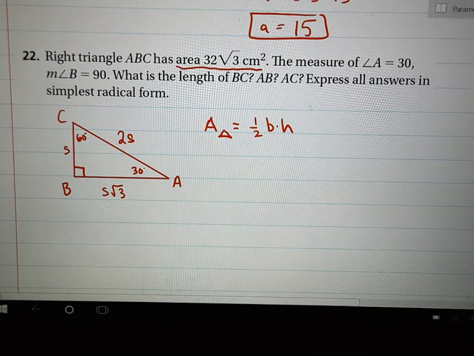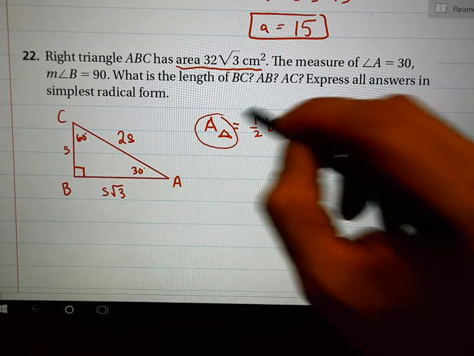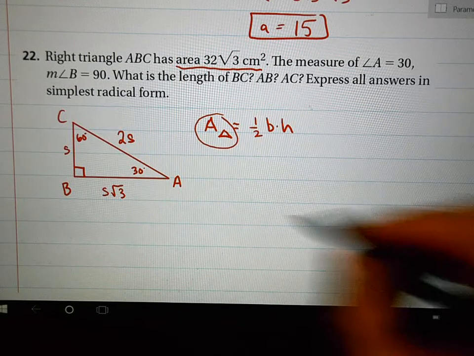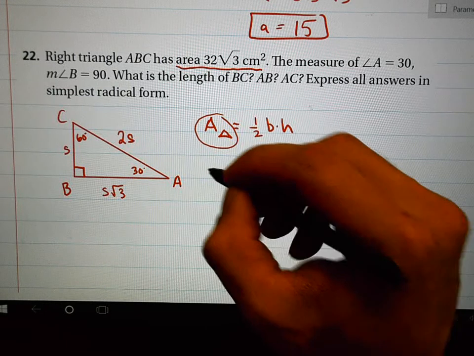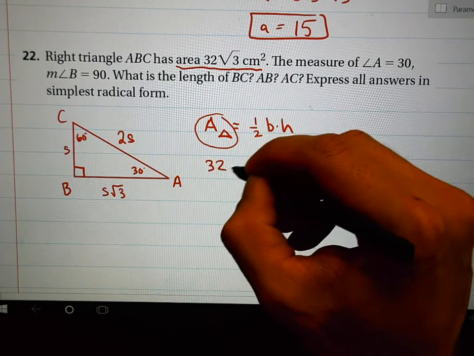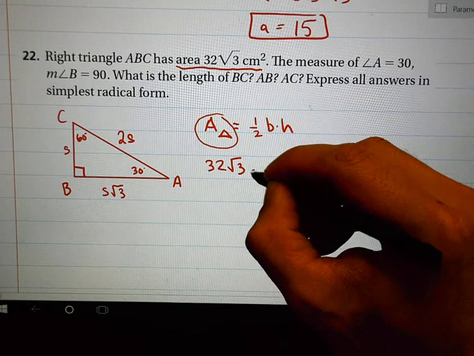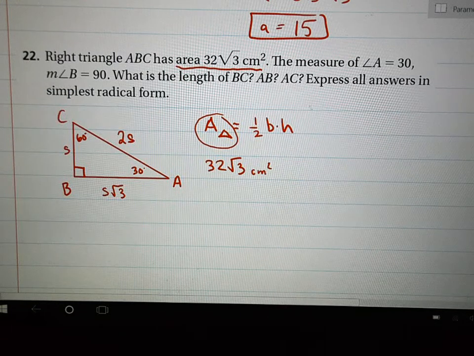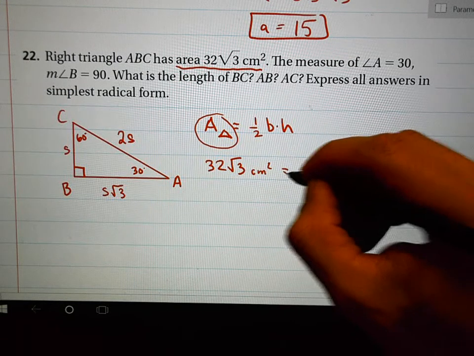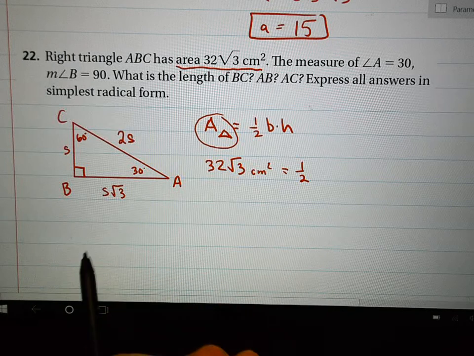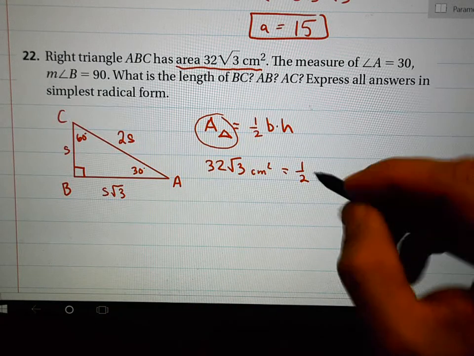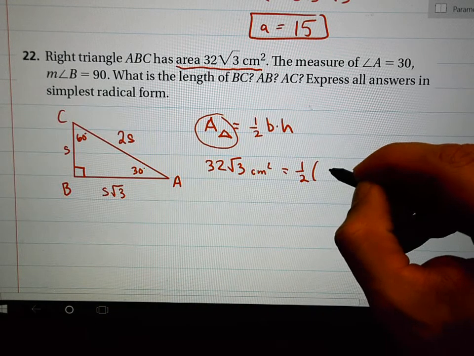The area of this triangle is how many square centimeters? Perfect. Equals 1/2 the base of this triangle. We don't know how long it is. It's in terms of S root 3, but we can write that in there for our example. S root 3.